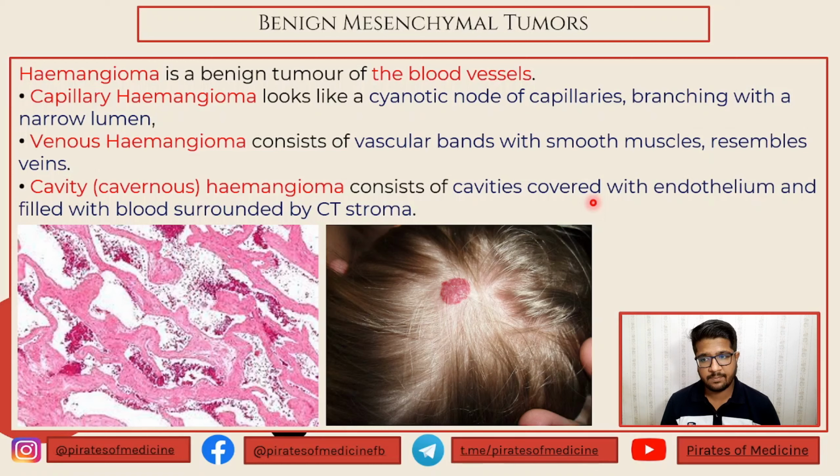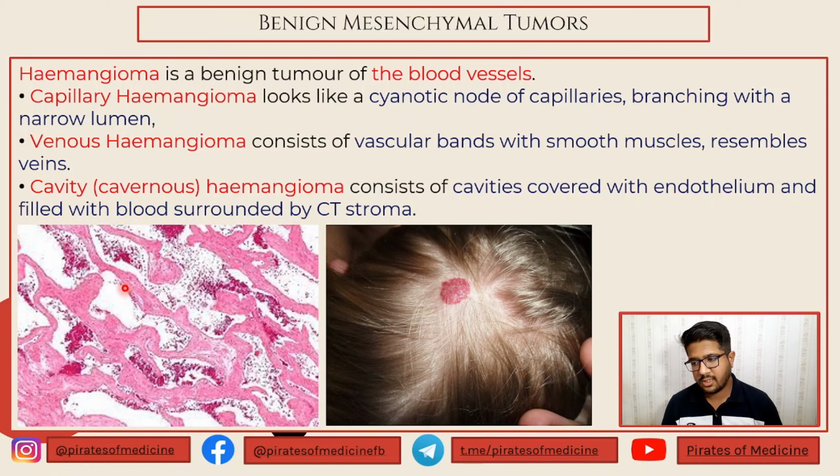Hemangioma is simply the benign tumor of blood vessels. It can be of 3 types. We have capillary hemangioma, which looks like a cyanotic node of capillaries branching from a narrow lumen. We have venous hemangioma, which consists of vascular bands with smooth muscles resembling veins. Then we have the cavernous hemangioma, which consists of cavities covered with endothelium and filled with blood, surrounded by connective tissue stroma.